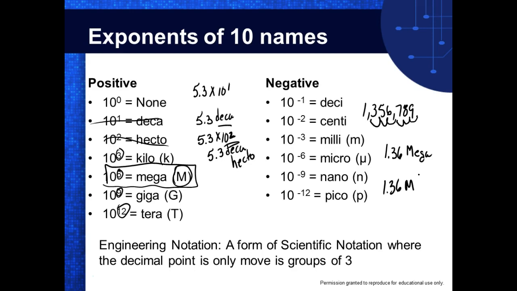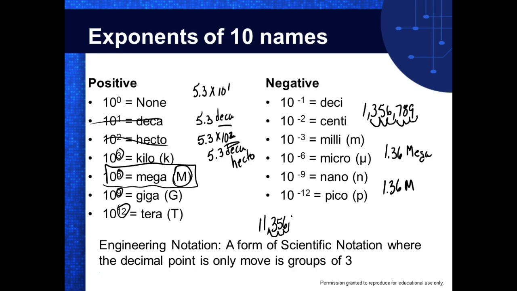Now, what if I came up here and had this? I would go 1, 2, 3. Everybody understand that? But I've got to keep whole numbers. So this is where it varies with scientific notation and what we call engineer notation.